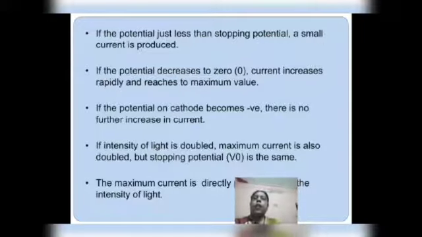Therefore, photoelectrons coming out from the cathode are attracted towards the anode and the current goes on increasing. In the graph, I1, I2, I3 are intensities and V0 is the stopping potential. If the intensity of light is doubled, the maximum current is also doubled, but the stopping potential V0 remains the same. The maximum current is directly proportional to the intensity of light.